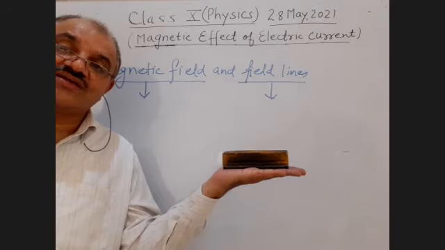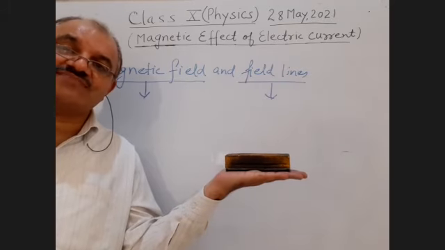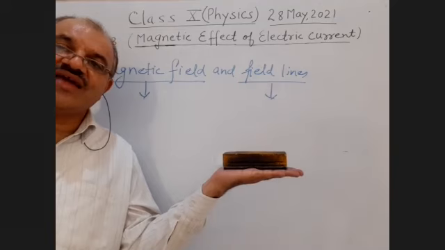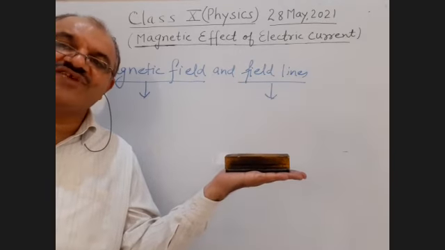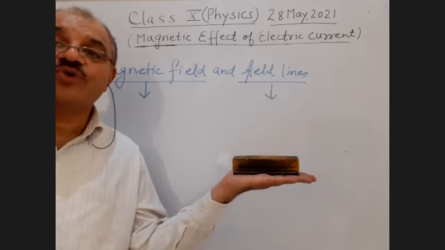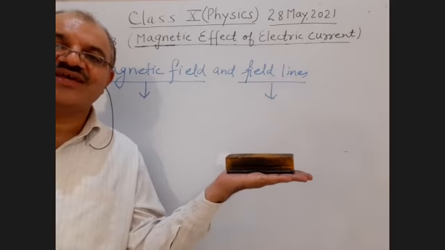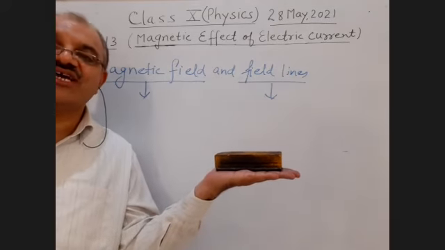The space around the magnet, the region around the magnet, the area around the magnet or the vicinity around the magnet up to which its influence can be experienced is called magnetic field.